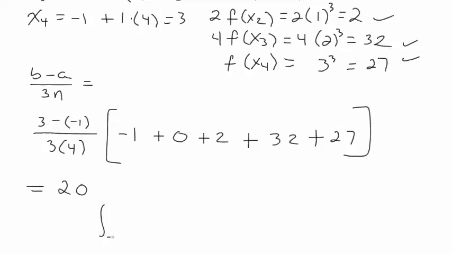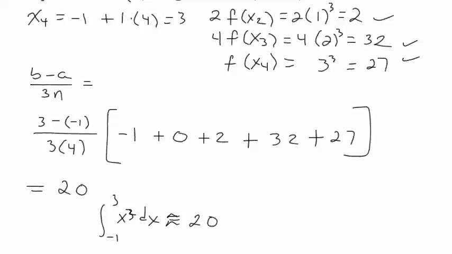And we were going from negative 1 to 3 of x cubed dx. Okay, and we need to put approximation symbols here, 20. And I'm going to find out what the exact value is here. I don't know why I wrote a square here. This is supposed to be cubed.